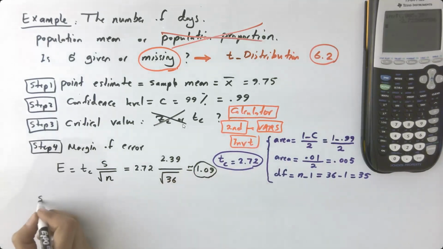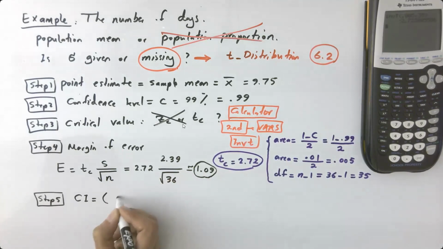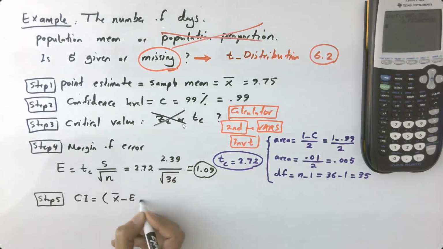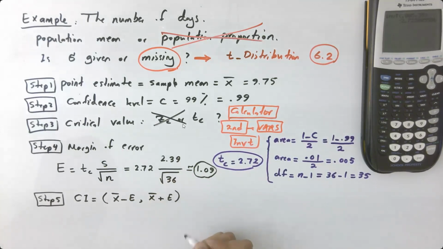In the last step, step 5, the confidence interval is parenthesis x bar minus E, comma, x bar plus E, close the parenthesis. Since all of these are approximations, use approximation.